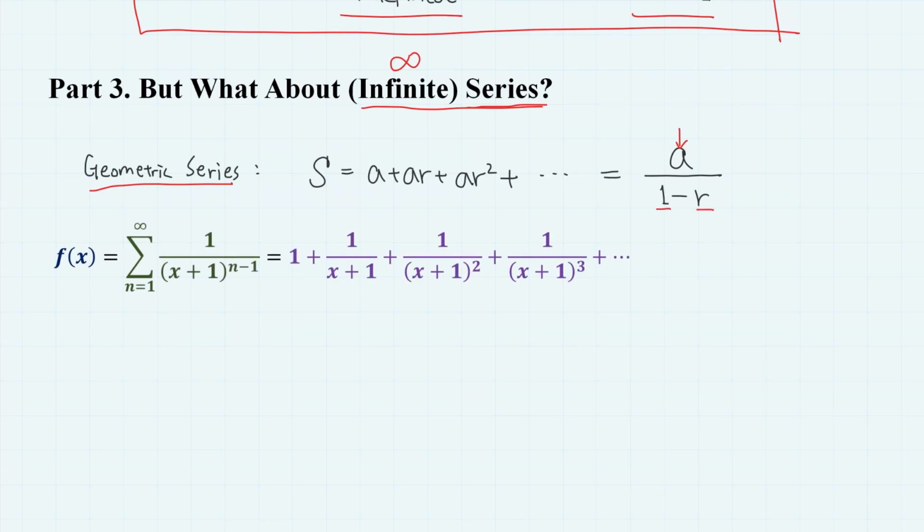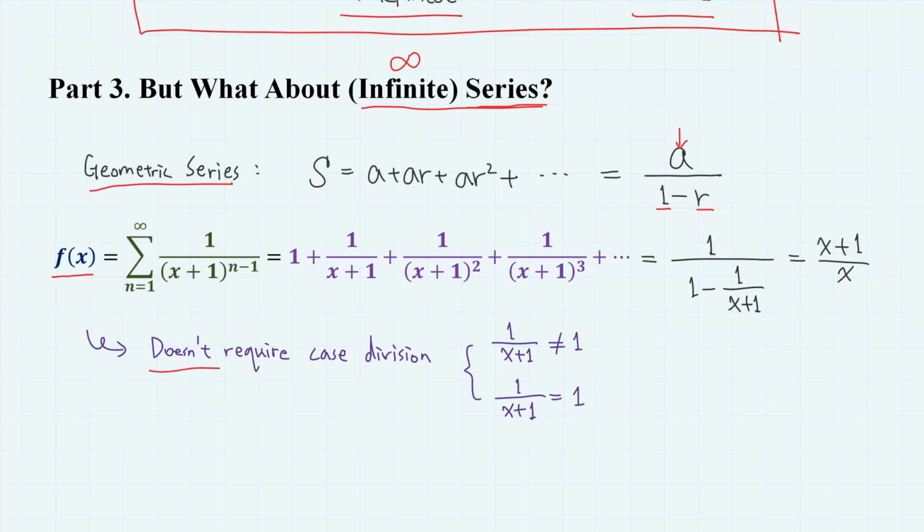Using this, we can calculate the sum of this infinite series, which I will denote as just f(x). The sum of this geometric series is first term 1 divided by 1 minus the common ratio 1 over x plus 1, so it is (x plus 1) over x.